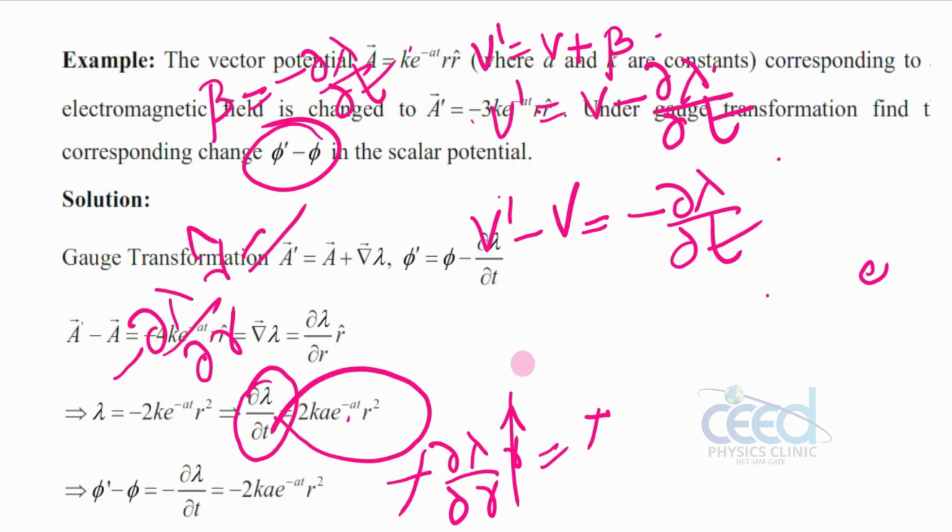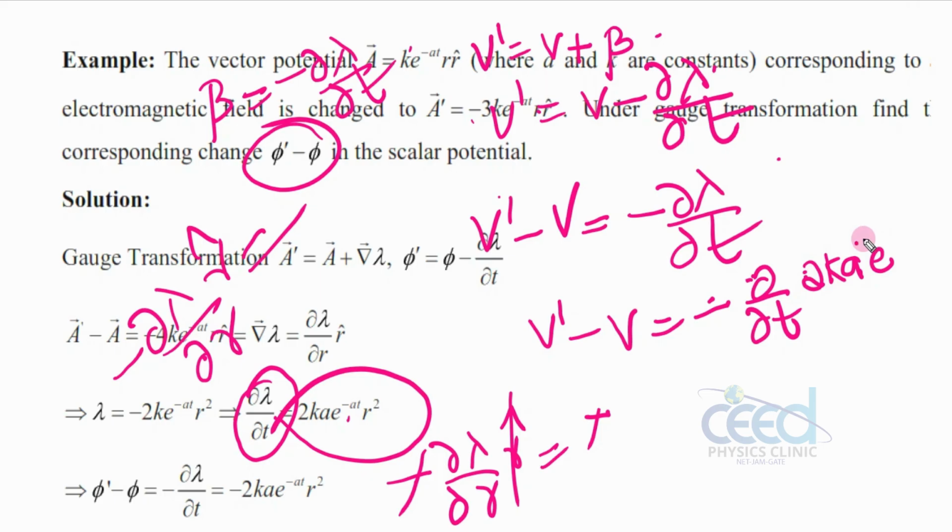So lambda we already solved, so V dash minus V is equal to 2ka e^(-at) r². This is the lambda we derived before, that is, minus of ∂/∂t of the lambda value we have seen, 2k e^(-at) r².